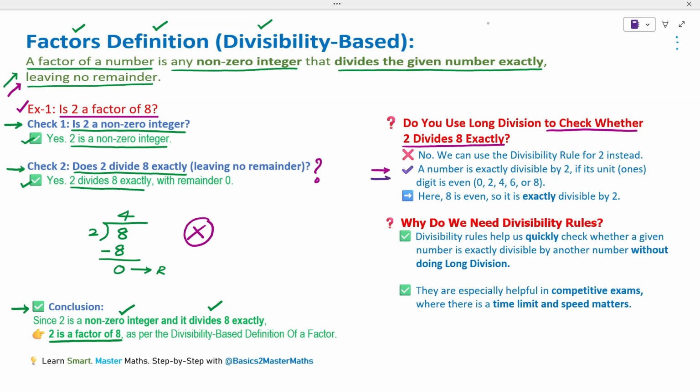It says that a number is exactly divisible by 2 if its unit digit is even. In this case, 8 is even. So, it is exactly divisible by 2. Got it?